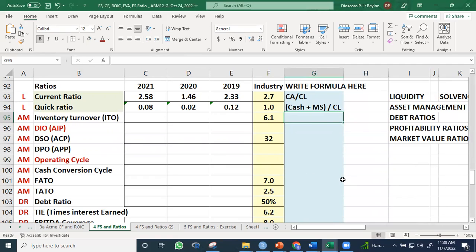The formula for inventory turnover is what, class? Okay, it's your, anyone? Turnover, inventory.